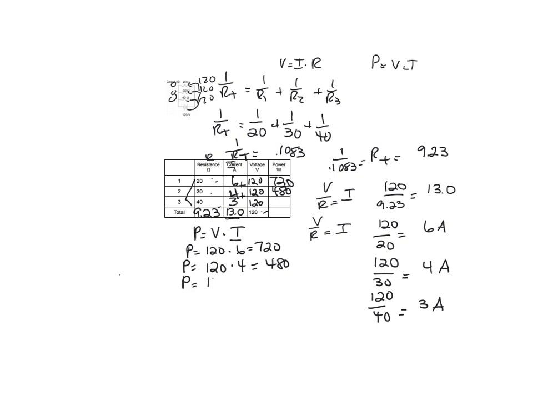Third resistor, same voltage, current's different, 360 watts. Now I can add these three numbers up to get my total, 1560. And remember, I can also do power is equal to 120 times 13. It's going to give me the same number. So those are ways to double check that you have calculated everything correctly.